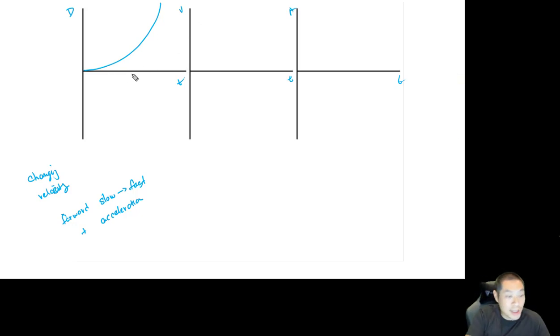If I drew tangent lines, let's draw 3 tangent lines: one in the beginning, one in the middle, and one in the end. Let's talk about their differences or similarities. Here you'll notice that they're all positive.